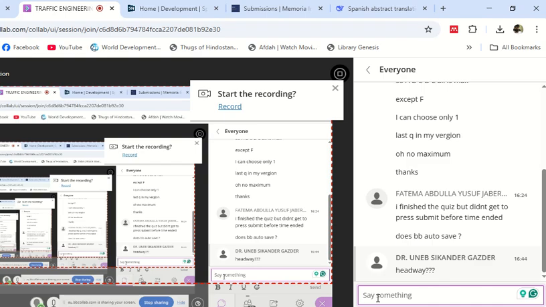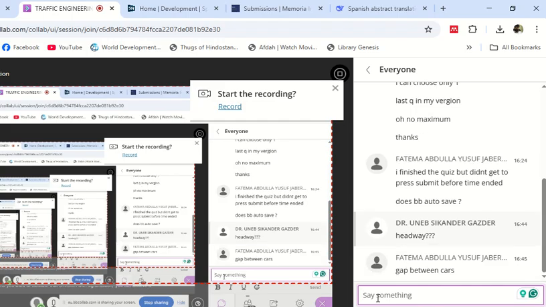Yes, anyone? What do we mean by headway? Yeah, the gap between two vehicles, two cars.